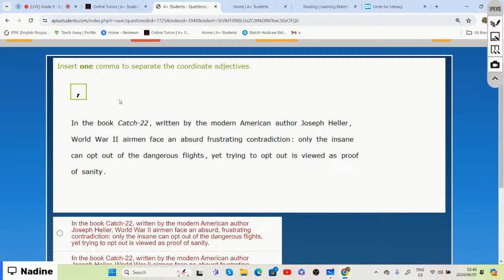But if we add the word and or a comma and the whole sentence changes, then unfortunately it is not. So we can add the word and to check whether the two words that describe a noun are a coordinate adjective.